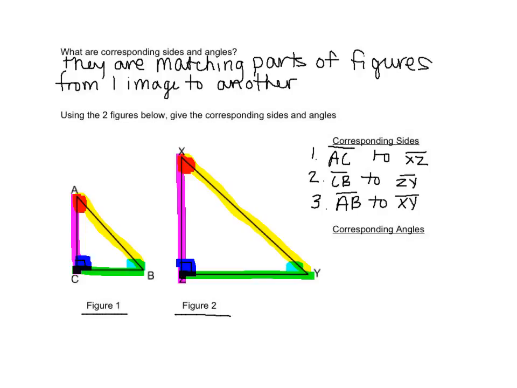First of all, you want to make sure that you are using the symbol for angle. You have the option of labeling an angle by just its letter, so I could do angle A, and that's going to refer to this red one. Or angle A is the exact same thing as saying angle CAB.